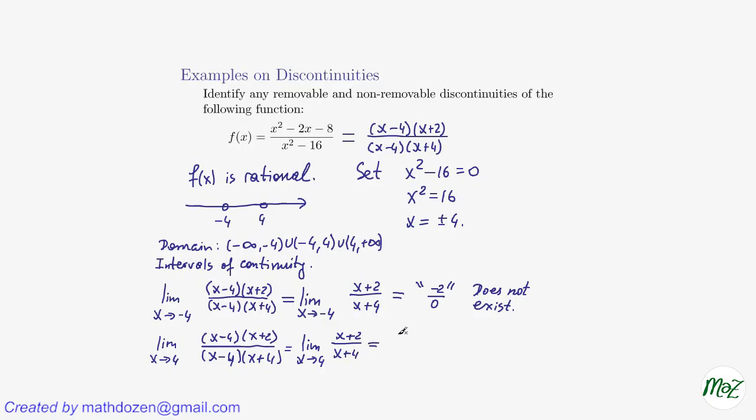So that becomes 6 divided by 8, which simplifies into 3/4. So the limit as x approaches 4 exists, and that is a removable discontinuity. So x equals 4 is a removable discontinuity. And x equals -4 is not.